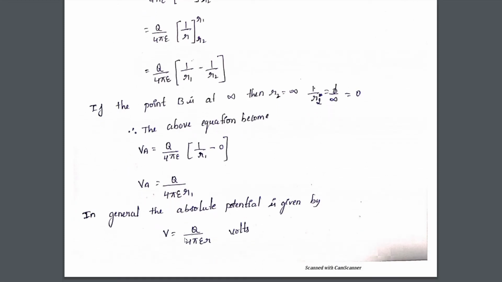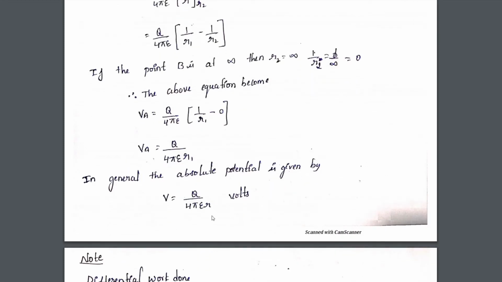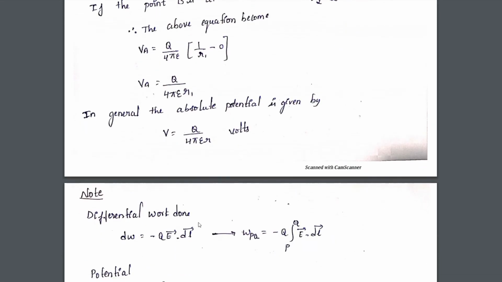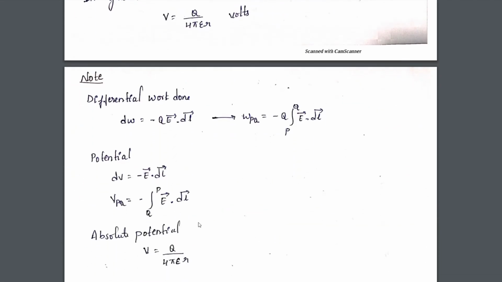So this is called the absolute potential at the point A. So if you want to write in general, V is equal to Q by 4 pi epsilon R, so much of volts. So like this, you can derive the absolute potential in terms of the point charge, and which will result in a scalar quantity.